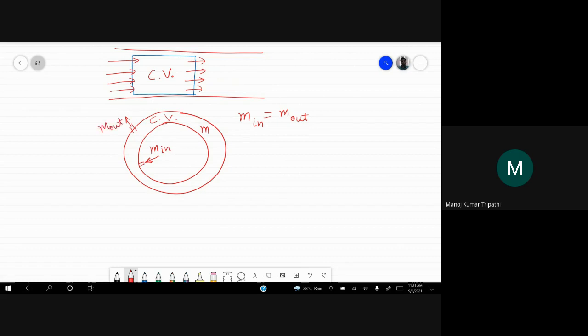Then you know that the mass that has gone in is equal to the mass that has gone out plus the mass that has been accumulated in the tire, right? That is simple. So this is called the mass conservation law.